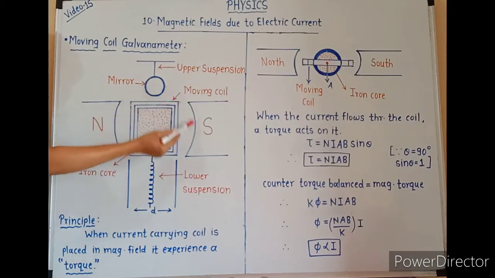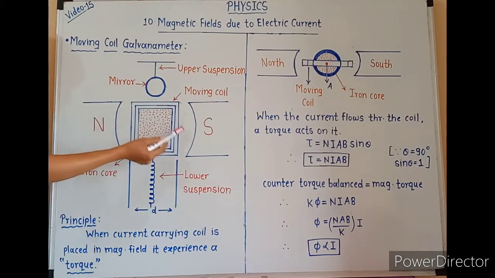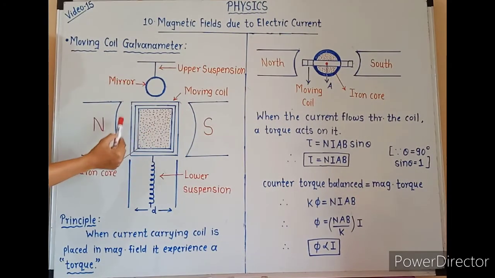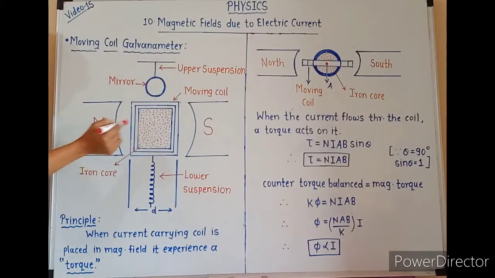When any ferromagnetic material is placed in an external magnetic field, it gets magnetized and produces a strong magnetic field, and because of that the maximum torque will act on this moving coil.